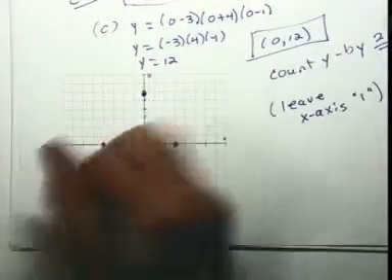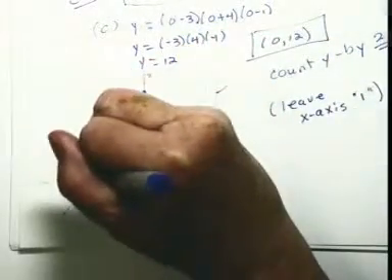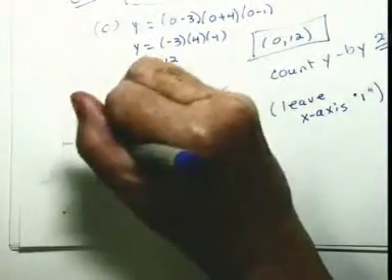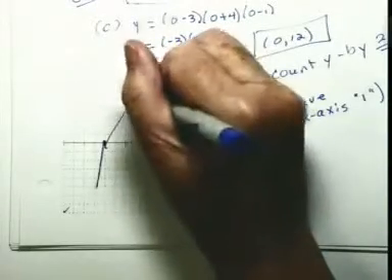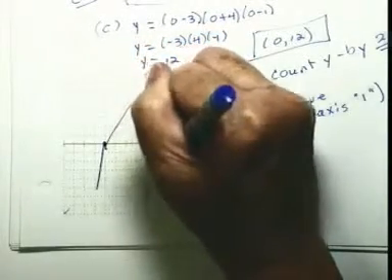My end behavior says down and up. Here's a point way up here. Here's my next point. Turn around, here's my next point.